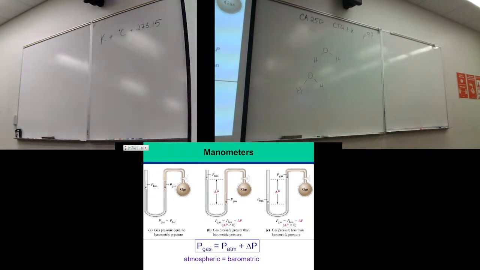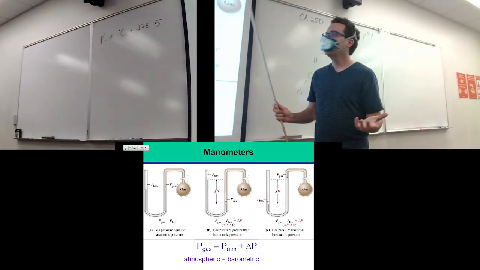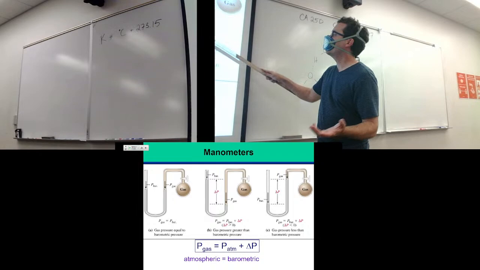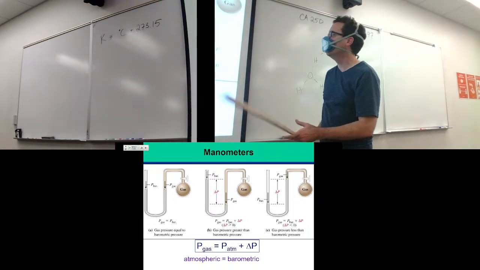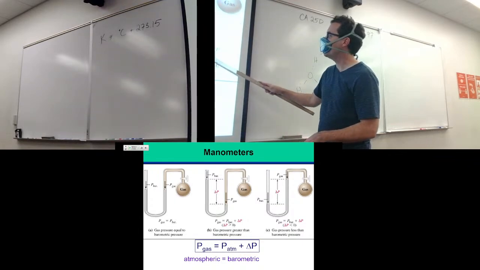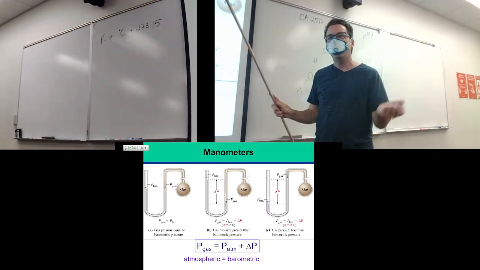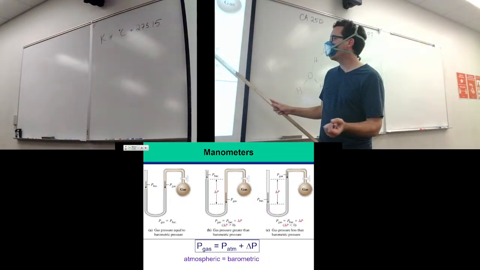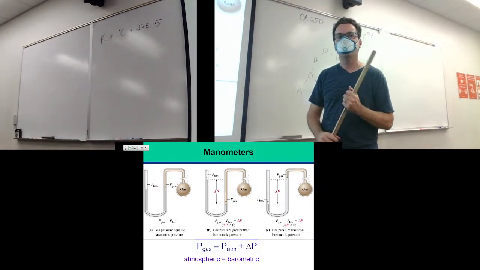If it's going the other way, if the gas pressure inside the container is lower, then the contest is going the opposite way. The atmosphere is going to push harder. And to get the pressure inside here, we're going to take the pressure of the atmosphere, and this change in height is going to be a negative value now. And so we're going to subtract from the atmospheric pressure, and we'll get the pressure of the gas inside.